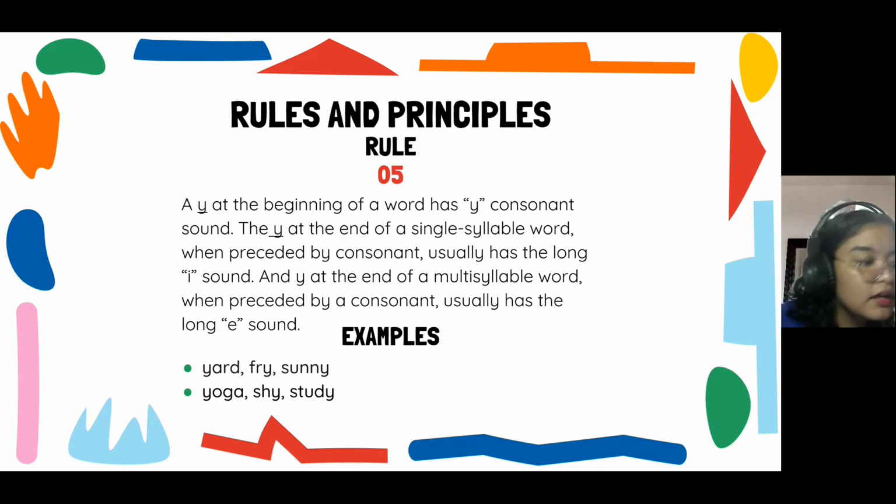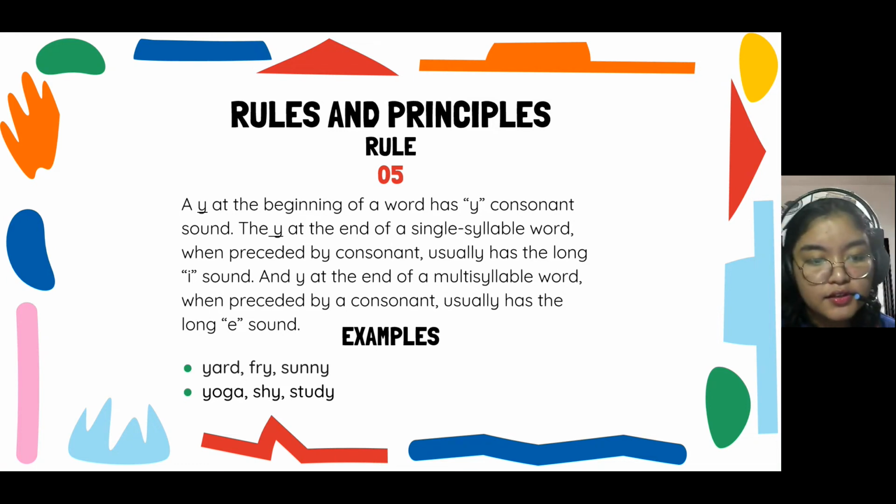For example, yard, fry, sunny, yoga, shy, study. The words yard and yoga have a Y consonant sound because the Y is at the beginning of the word. On the other hand, the words fry and shy have a long I sound, like fry, shy.